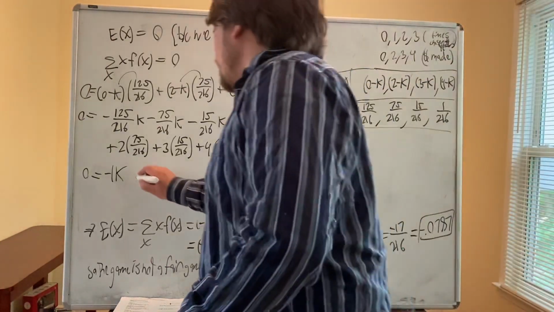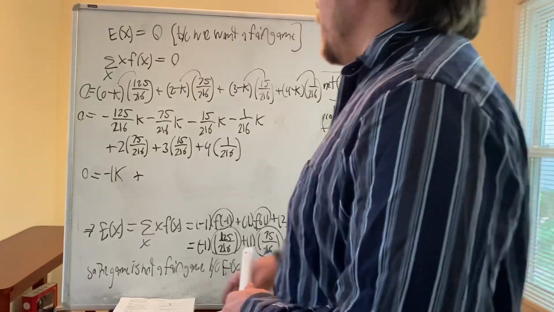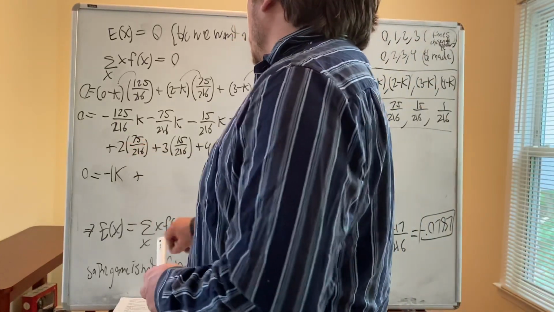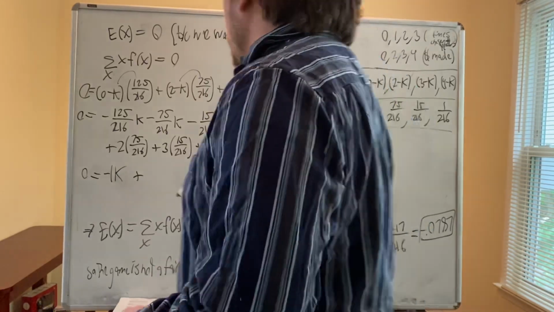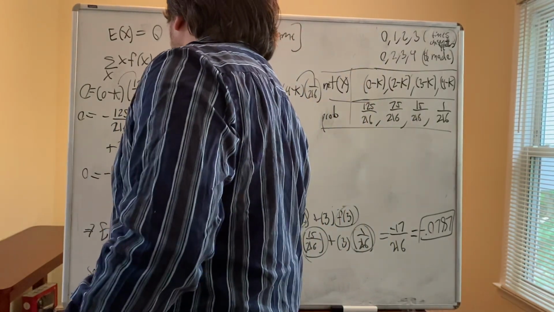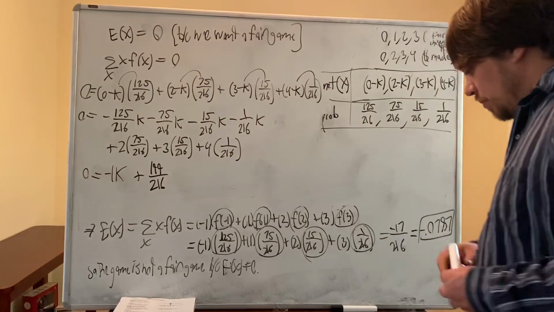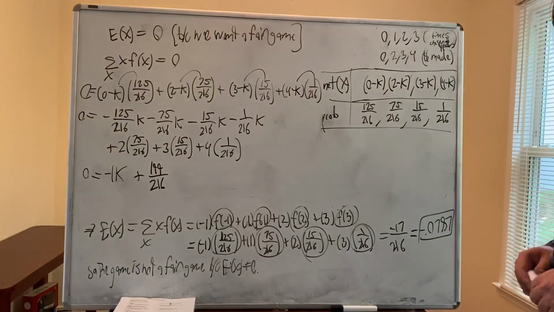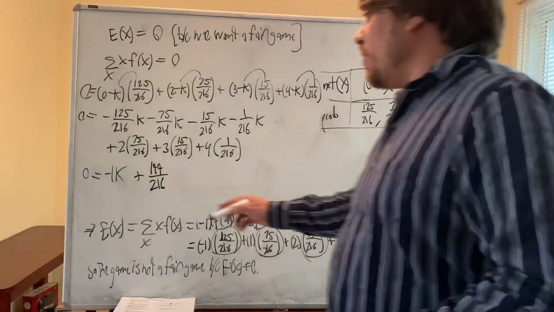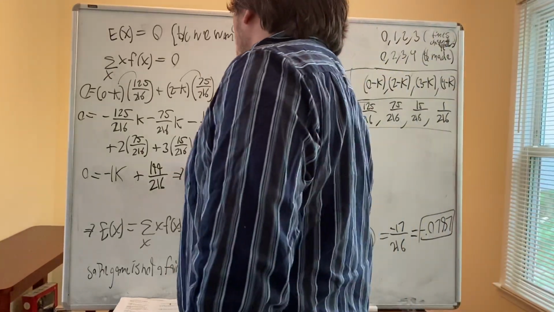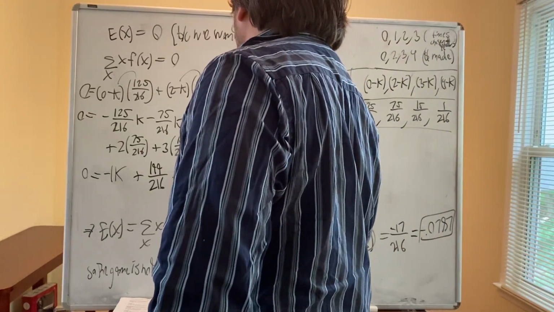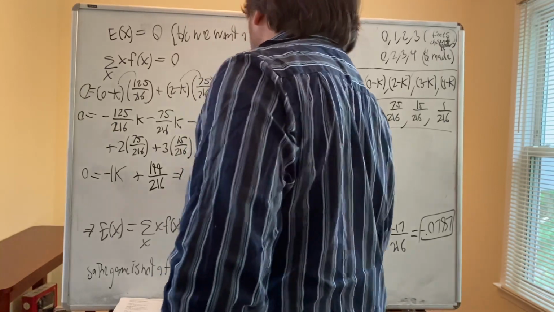Okay, plus, now that's 150 plus 45, 195, plus 4 is 199 over 216. And so if 0 is equal to negative 1k plus 199 over 216, that implies k is equal to 199 over 216.